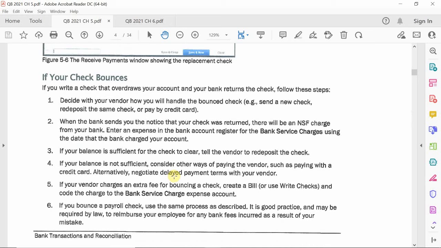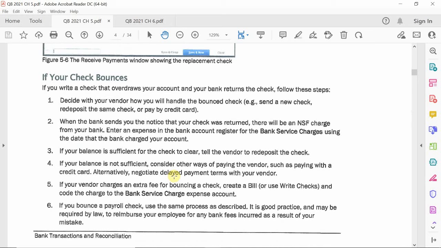Other things you could do is call up the vendor and ask them what's going on. Second, you can go to the bank, deposit the money, and then tell them to deposit that check again. But the best rule of thumb here is that you should figure out why you don't have enough money in your bank account in the first place.